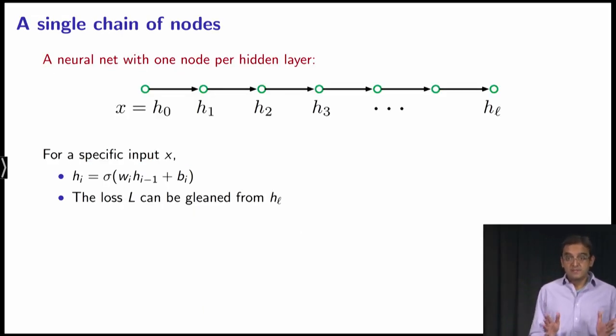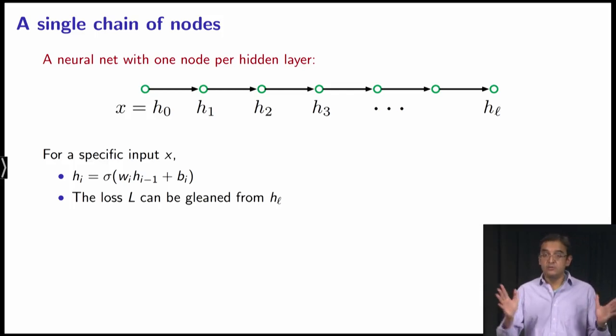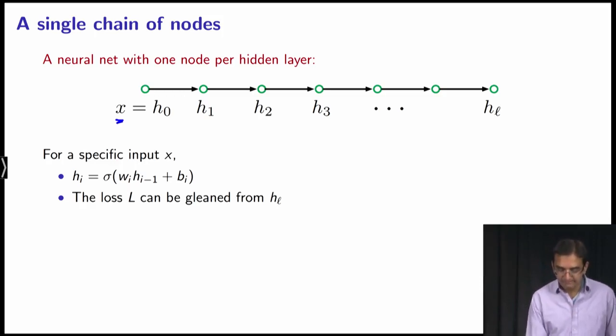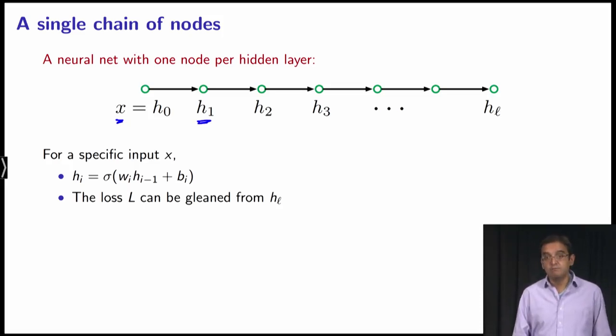Well, for simplicity, these nets can be huge, so to prevent things from getting messy, let's just look at a case where each layer of the net contains just one node. Okay, so the input layer, x, is just one number, x. Layer 1 just contains one node, h1. Layer 2 just contains one node, h2.